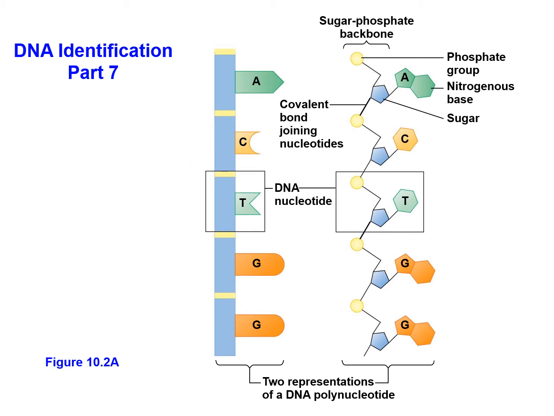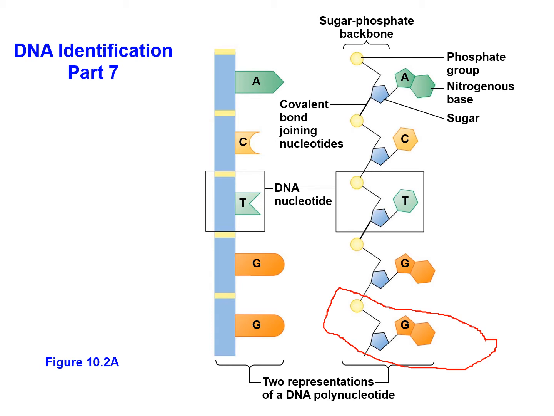So now in this slide, we're going to put all those nucleotides together to make the polymer of DNA, which is DNA. Let's start with our picture on the right, and let's circle one nucleotide. That is one nucleotide on the bottom right, and first of all, you can see this has the G in it.